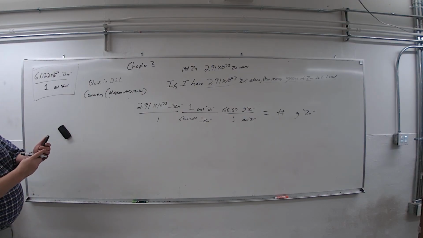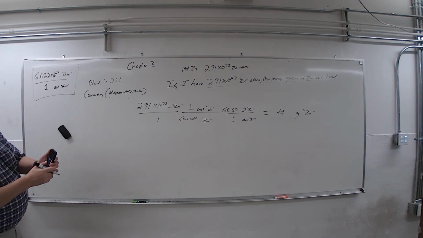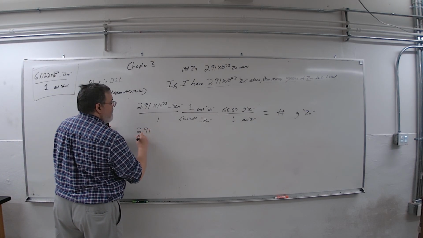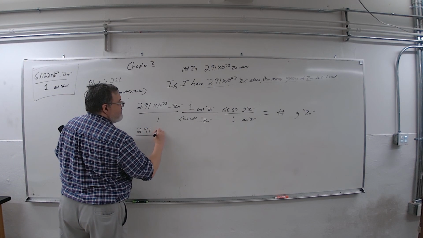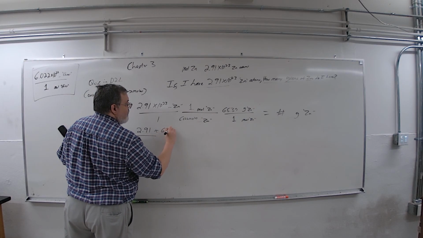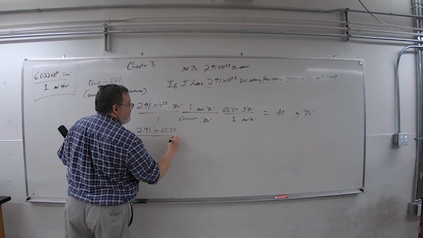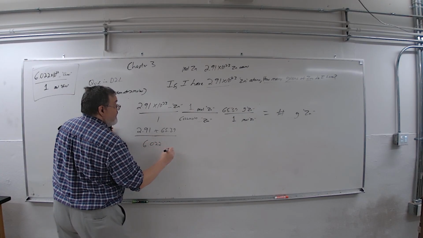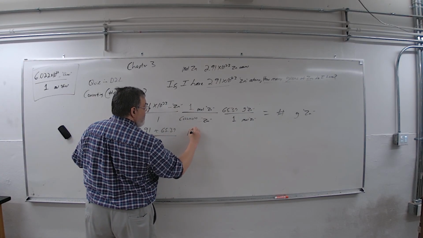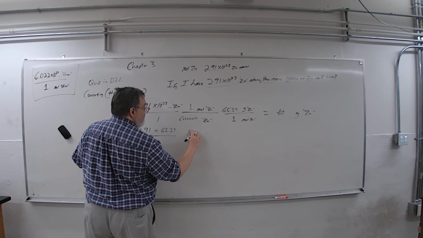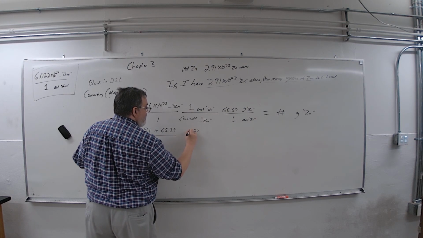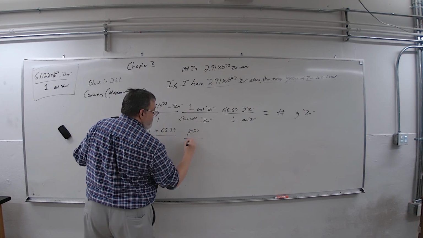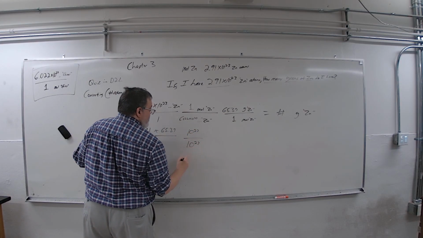So the way I would do this, times 65.39 over 6.022, and then I'm going to take the 10 to the 23 here. It's here, and 10 to the 23 on the bottom. And that's just going to go away.